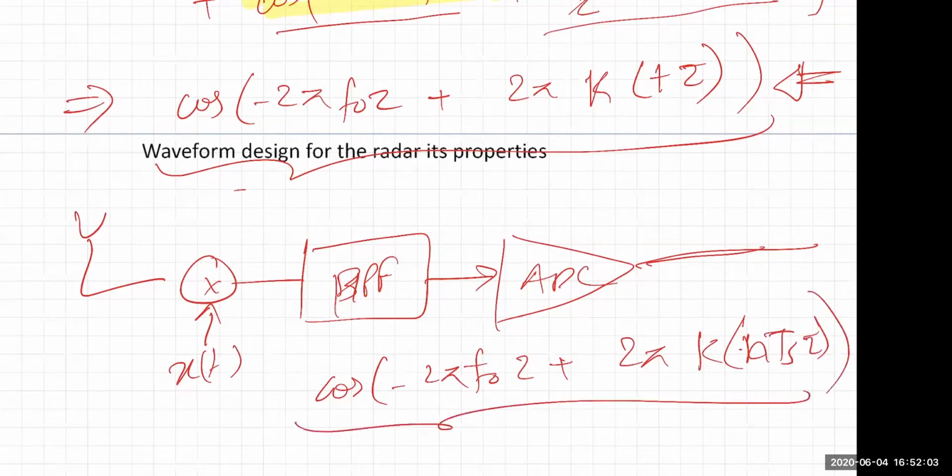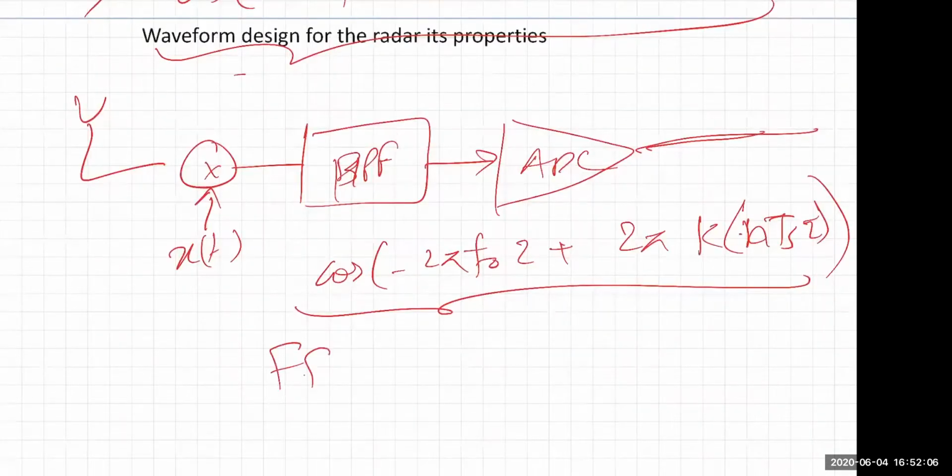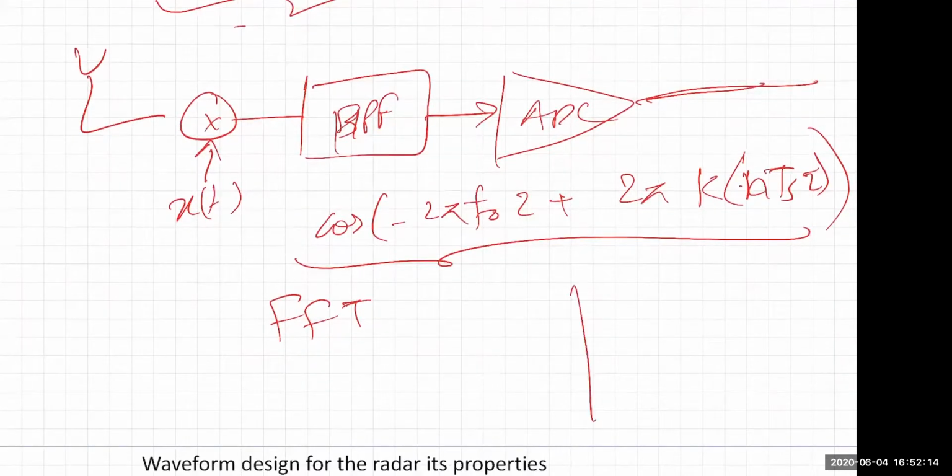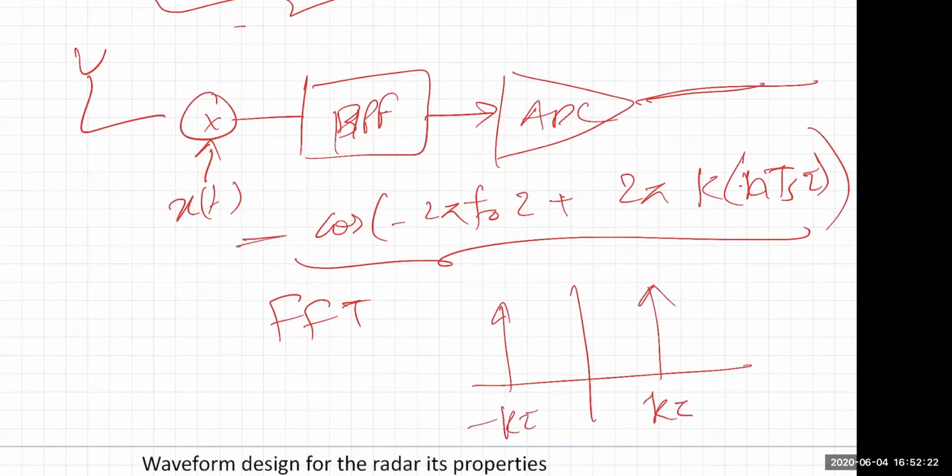Now you take the FFT of this. What do you expect to see first of all? Somebody want to guess? You will see two spikes, one for k tau and one for minus k tau, by the way, just because this is cosine. All right, everyone clear on this?